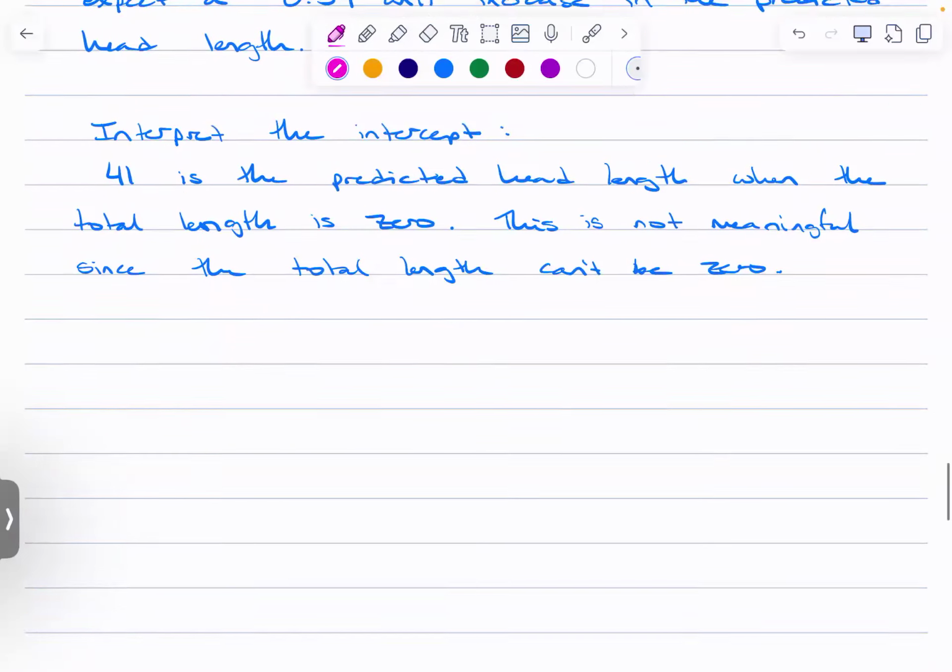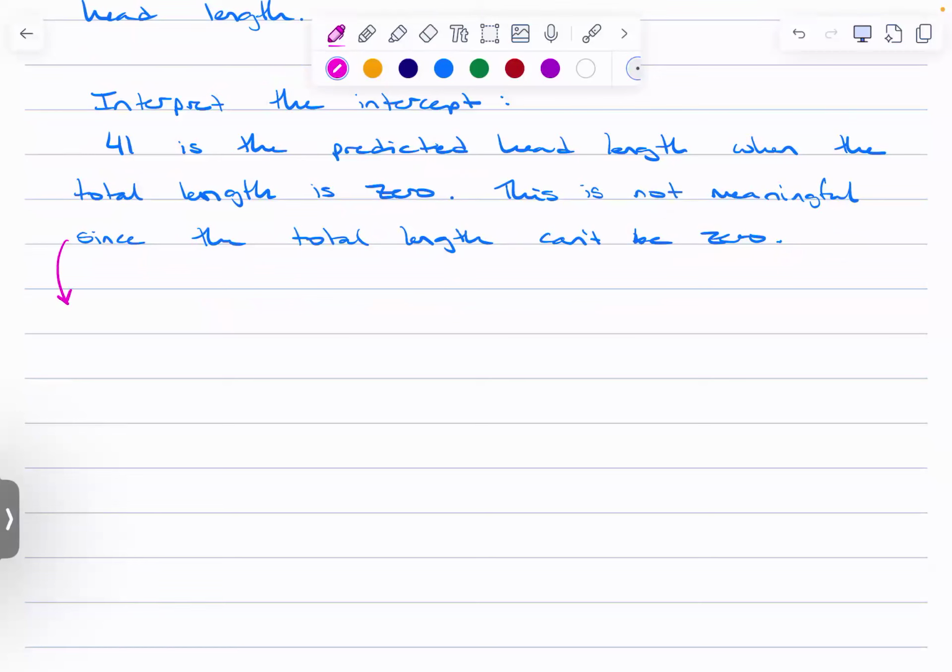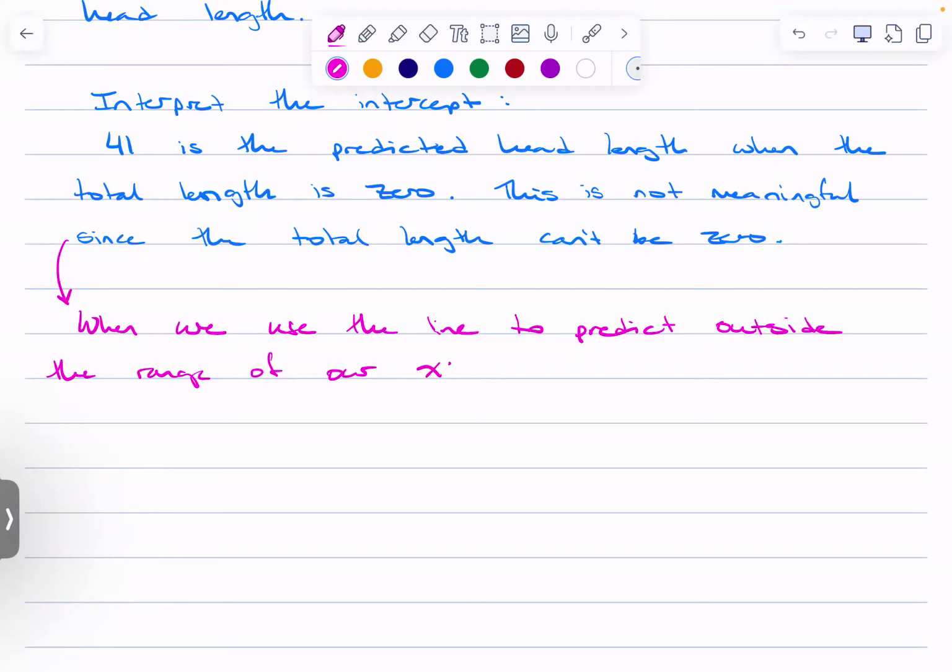And so here, when we use the line to predict outside the range of our x's, we are extrapolating.